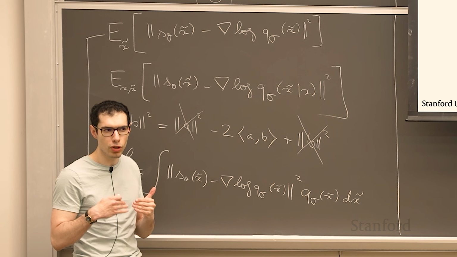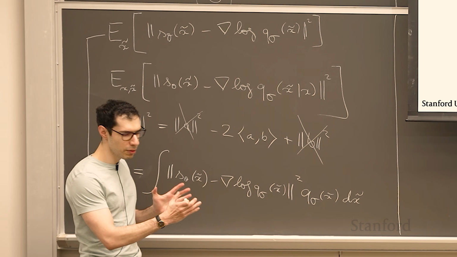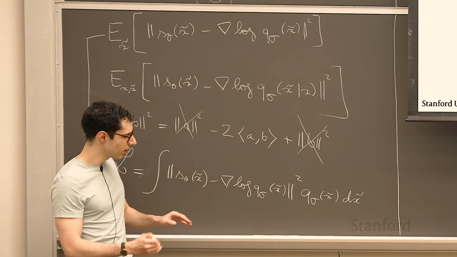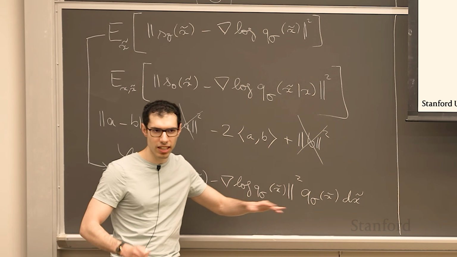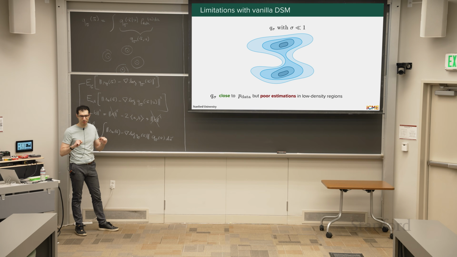So the model will not really be incentivized to make predictions accurate for x tilde that are not likely to appear. Right? OK, so does this part make sense?